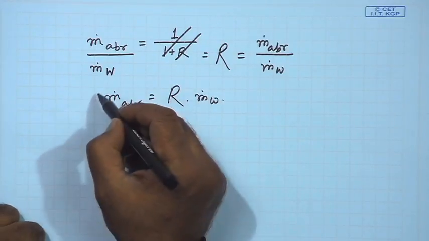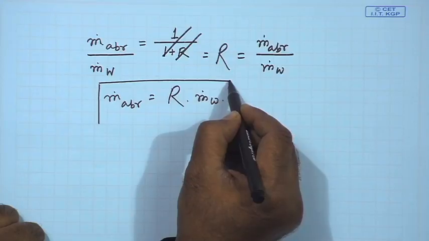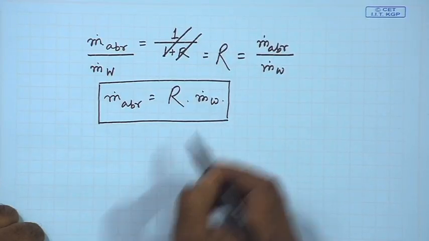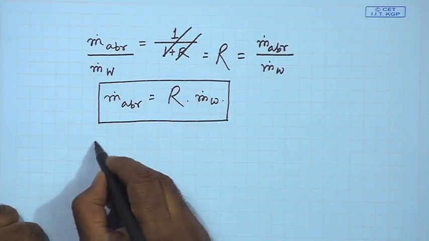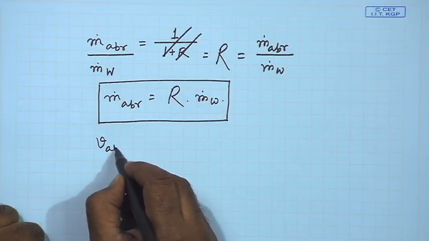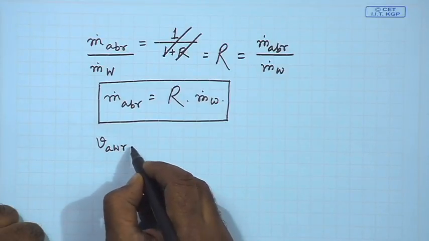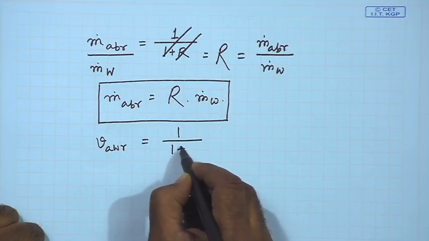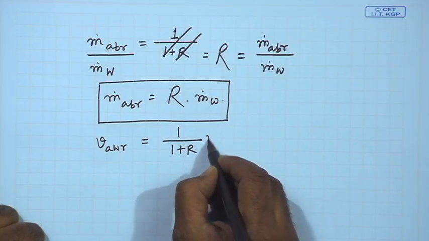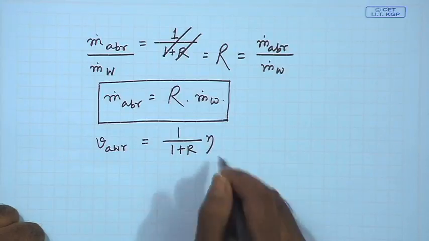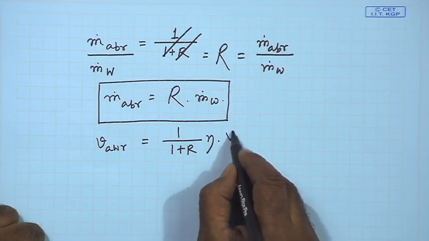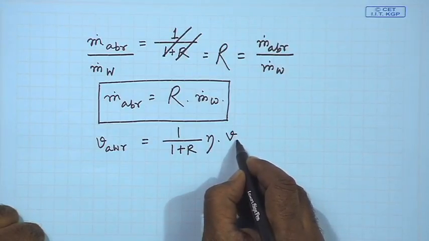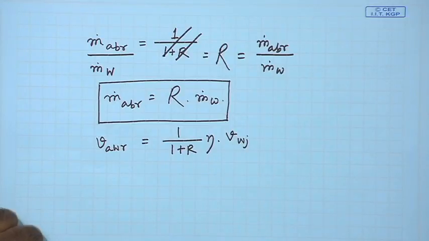This is the replacement that we can make. What else is there? Velocity of abrasive water jet. This was equal to 1 by 1 plus R into eta into velocity of water jet. This we have derived just a few minutes back.